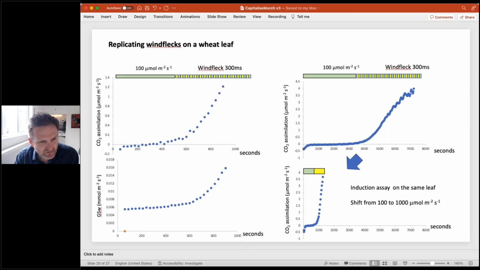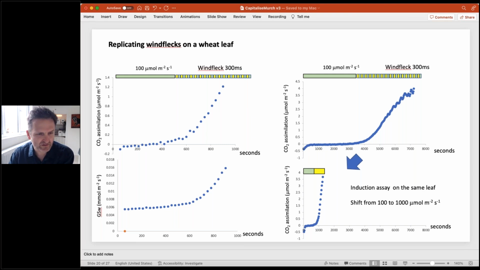And we've started measuring photosynthesis while replicating windflecks. So this is a wheat leaf, and we replicate using an LED shifting with a 300 millisecond frequency between 100 and 1,000 micromoles. And here, going from a constant 100 to this windfleck situation, you do get a fairly rapid induction of photosynthesis.